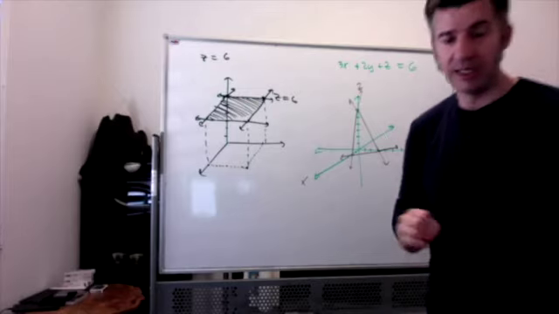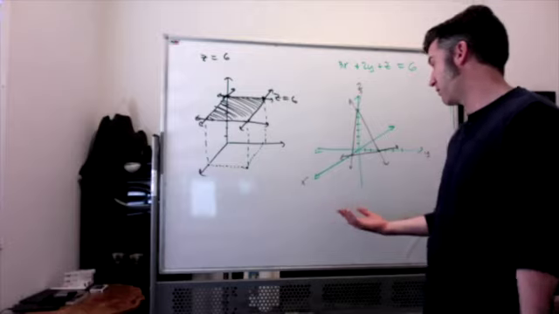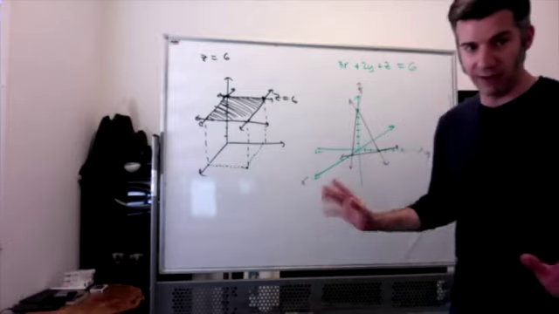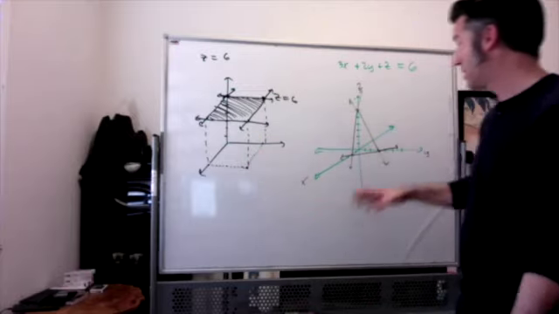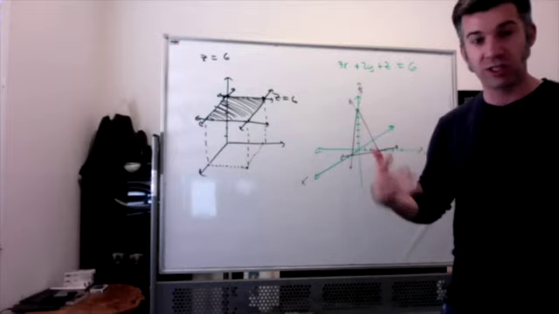An example of a problem you won't see in this class, but a question that could be asked that's interesting, is what's the volume under this plane in the first octant?